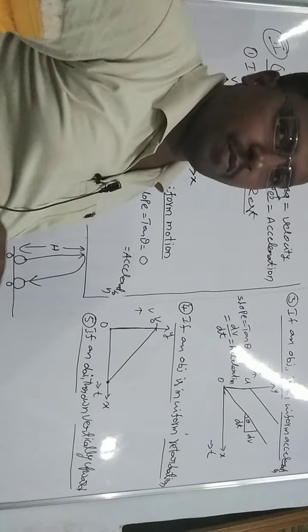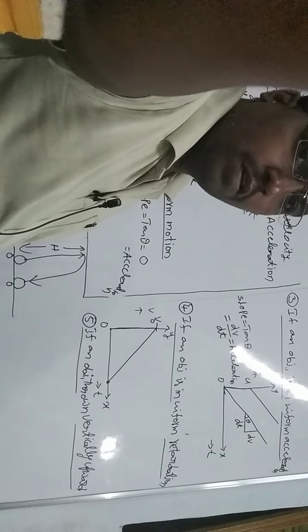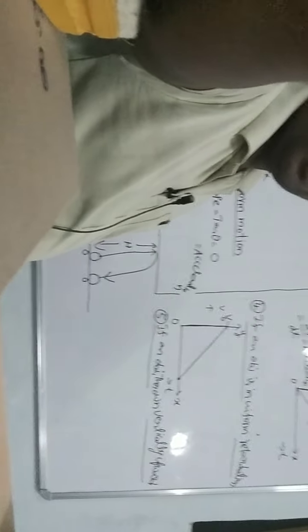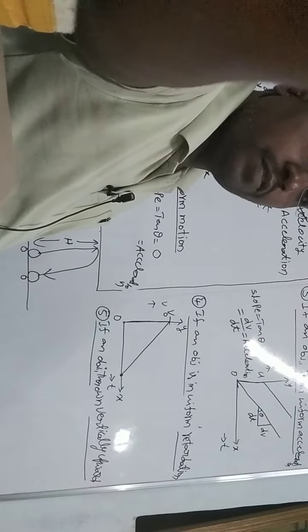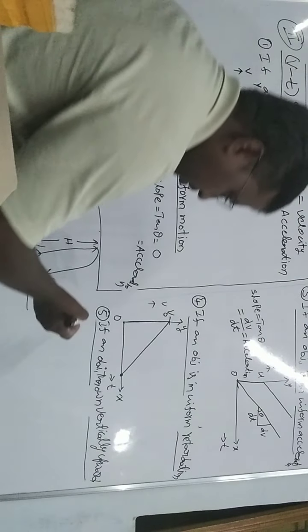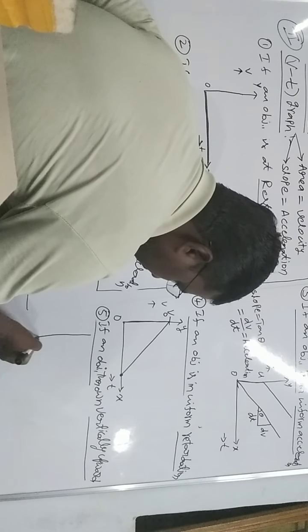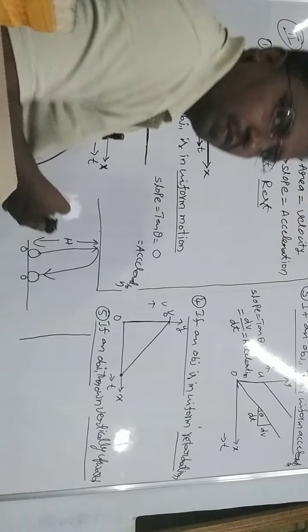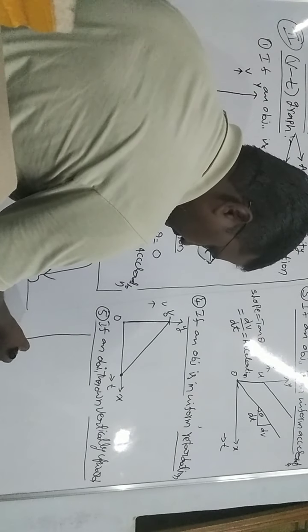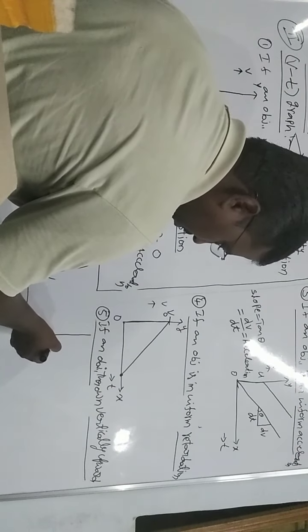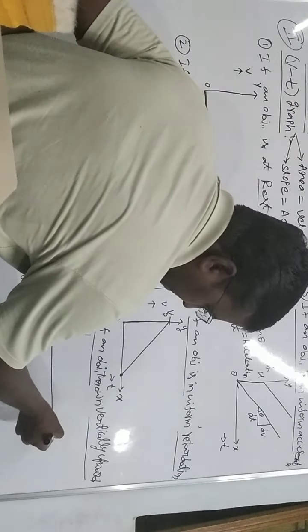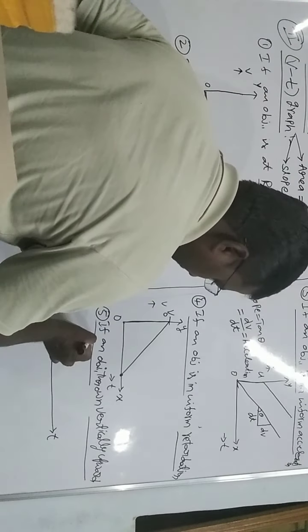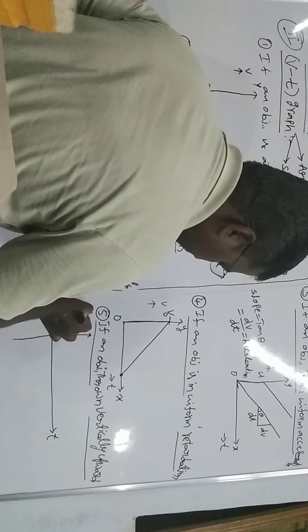Now, the fifth point: the object thrown vertically upward. What is the representation? Time and velocity v.